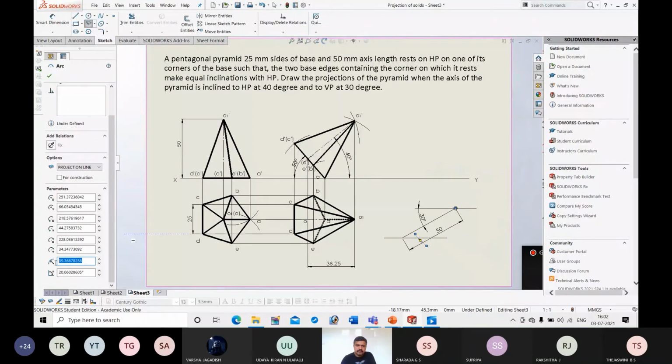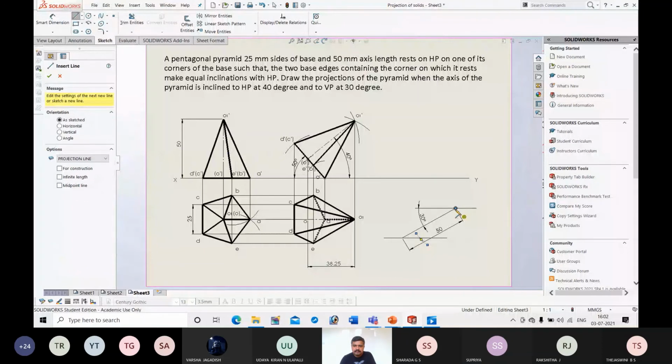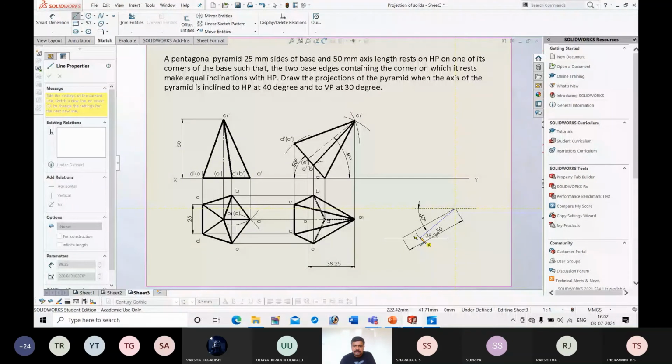Radius will be equal to 38.25, the length of the axis in second top view. Then I will connect these two points. Next, I will measure the beta angle. It is around 41 degree.